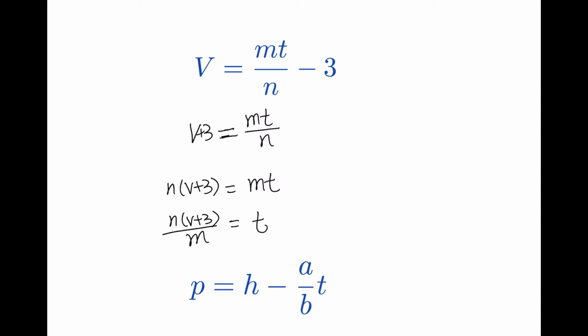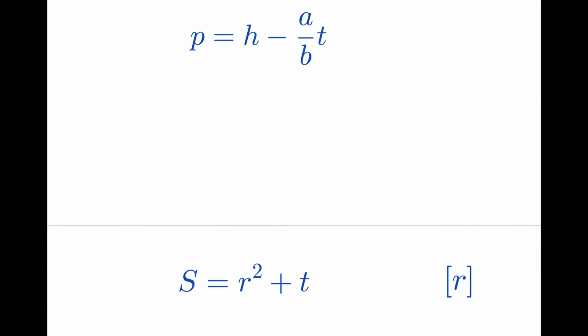Yep, that's all. Here, when you move the n to the other side, remember to put the bracket, because the n multiplied on that side is not just multiplying with v but also positive 3. So remember to multiply on both terms, like give it a bracket so that it's multiplying both v and 3. Let's continue.